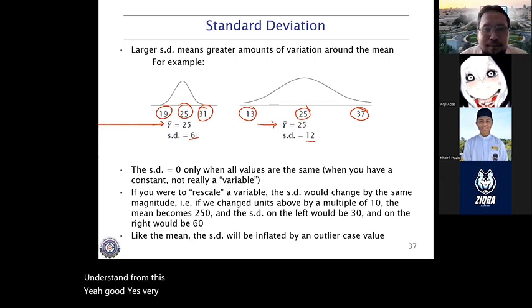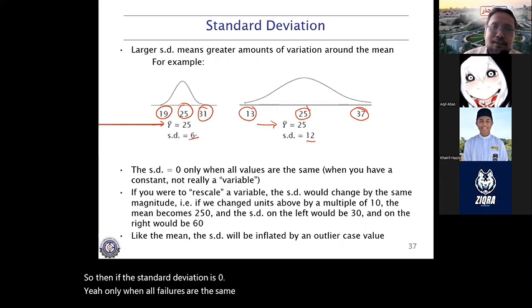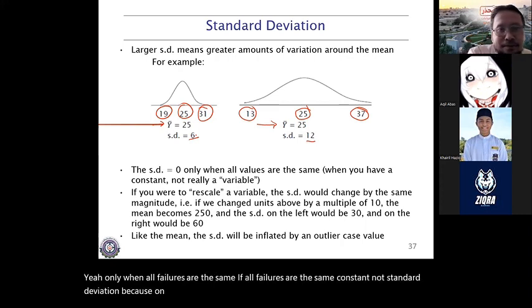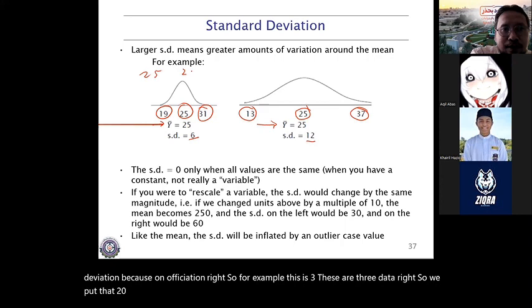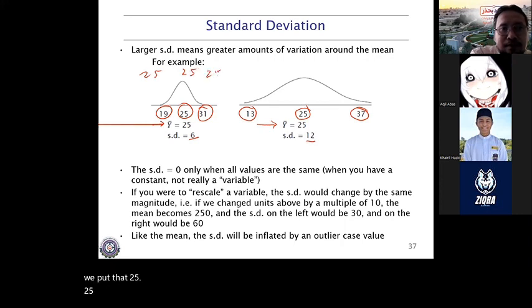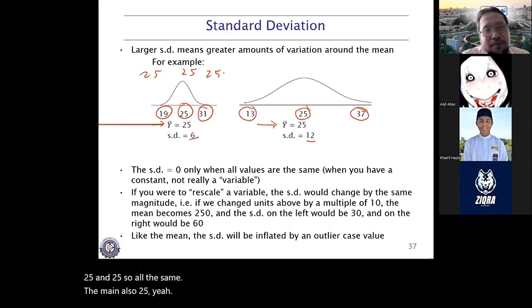Okay. So the standard deviation is 0 only when all values are the same. If all values are the same, there is no variation. For example, these are 3 data points: 25, 25, and 25. All the same, and the mean is also 25.